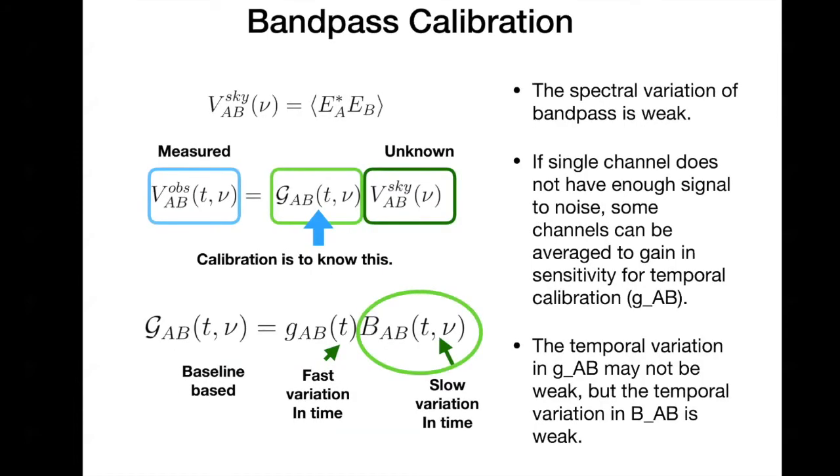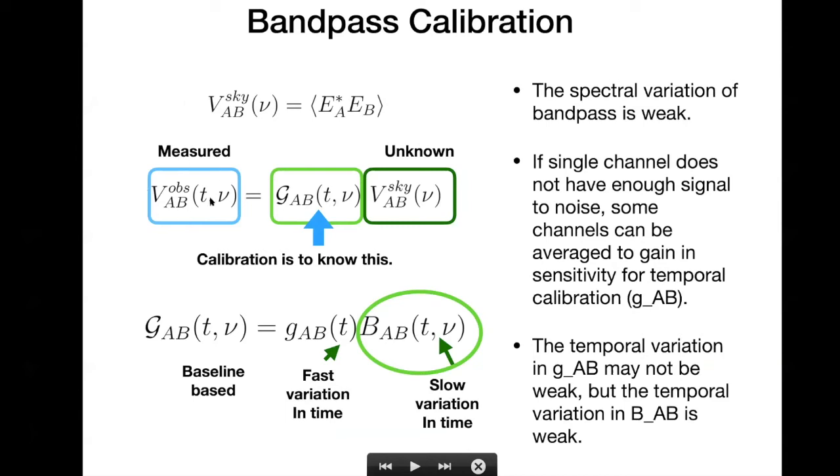Okay. So how do we go about the calibration? Let me remind you of a few things. This is the sky visibility, which is the coherence function of the electric field at the antenna plane.